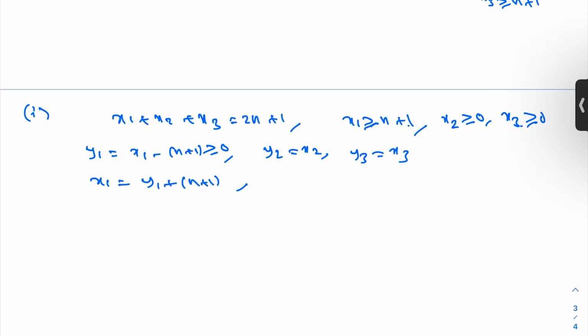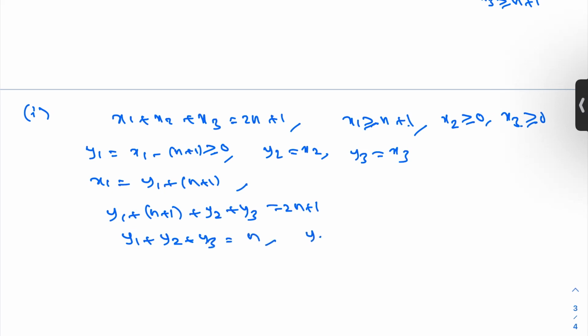Now if we convert this equation in terms of y1, y2, y3, it will be y1 plus n plus 1 plus y2 plus y3 equal to 2n plus 1. If I take n plus 1 to the other side, I will have y1 plus y2 plus y3 equal to n.